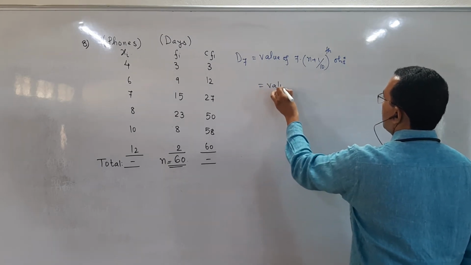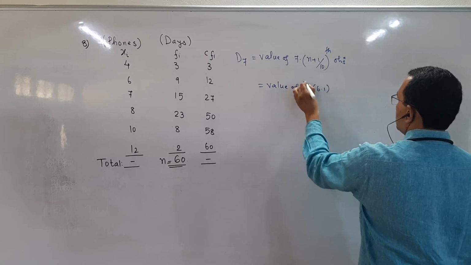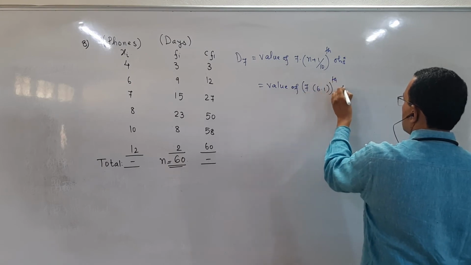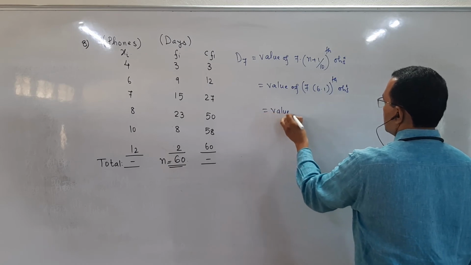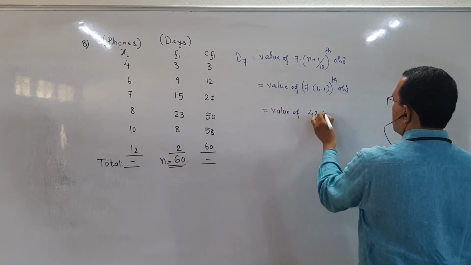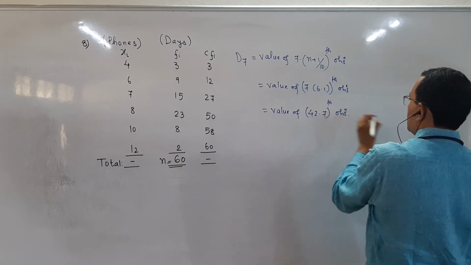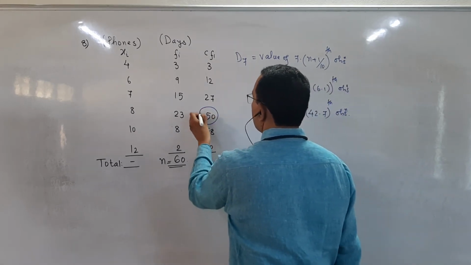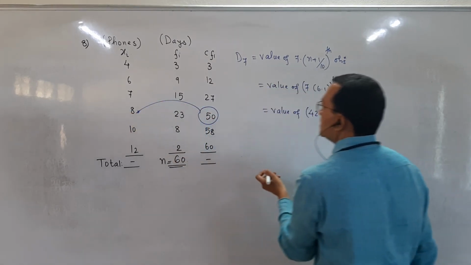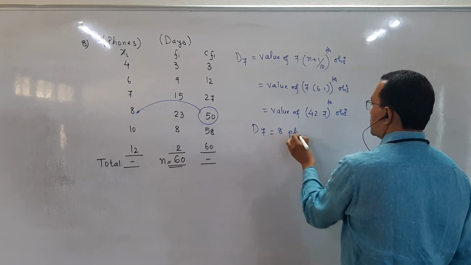So value of 7 into 6.1 observation, so this is the value of 42.7 observation. 42.7 is covered in CF 50, corresponding xi is 8. So D7 is 8 phones.